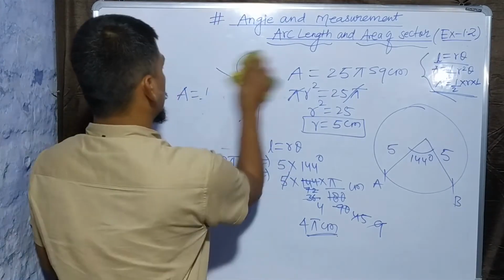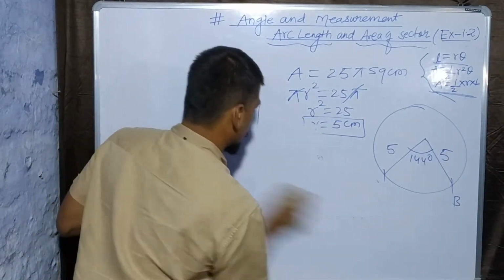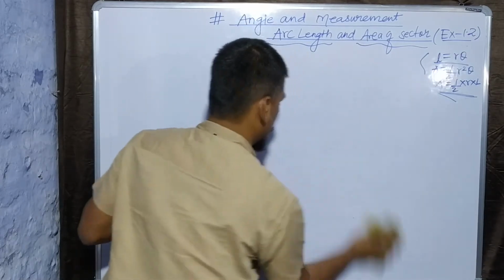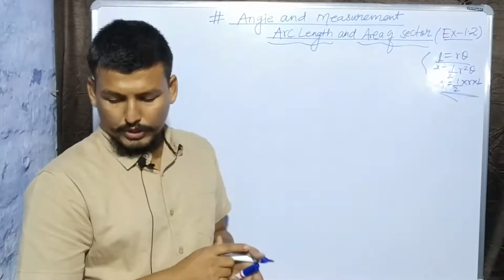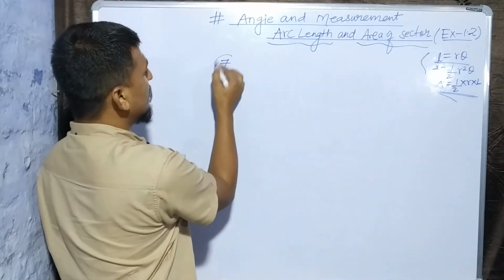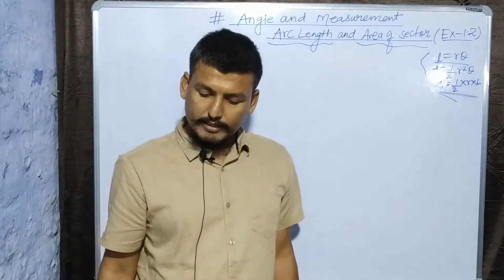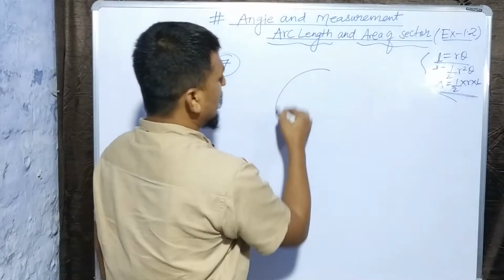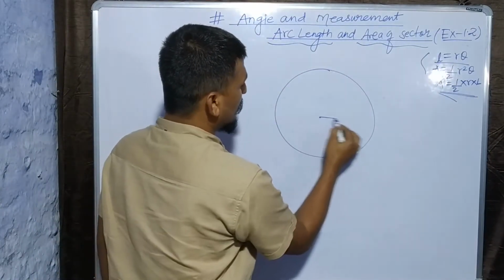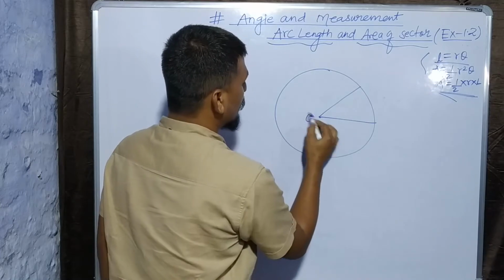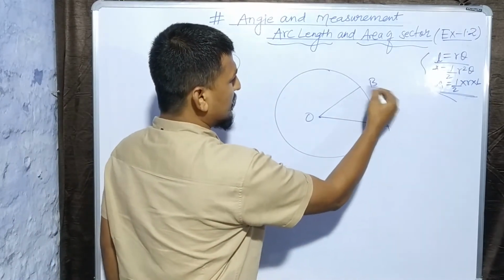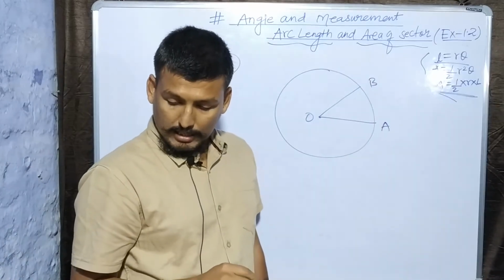Next we discuss question number 7. In question number 7, OAB is a sector of a circle having center O. This one is O. So we have OAB as a sector, right?